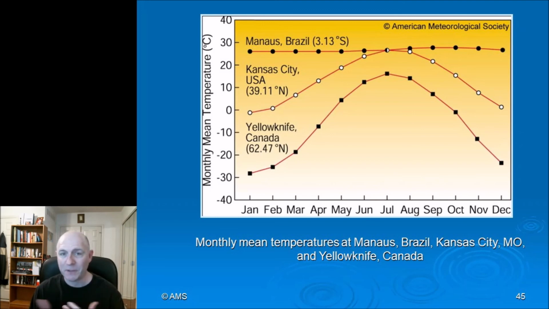You still only have about 12 hours of daylight all year long in Brazil. In Yellowknife, Canada, during the dead of winter, there's only a few hours of sunlight a day. And then during the summer, even though the sun doesn't get as high, the sun is still up for 19 or 20 hours. So you get a lot more sun. And that matters.